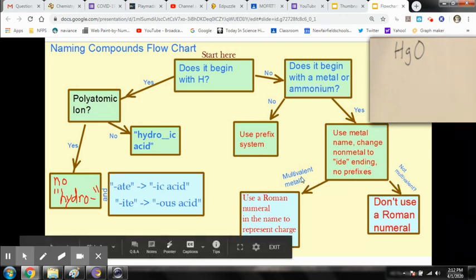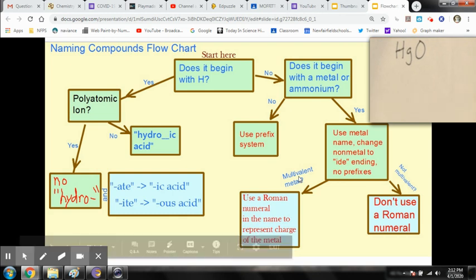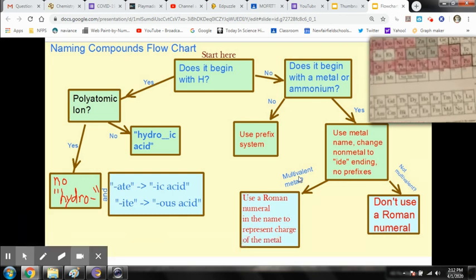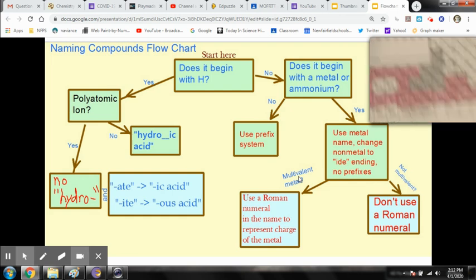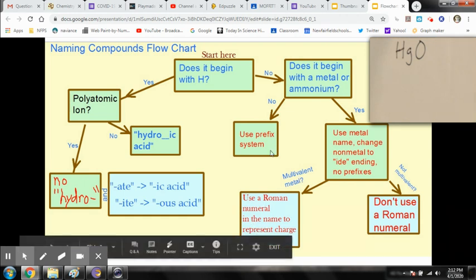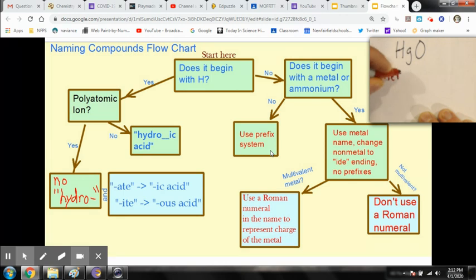One other question. Multivalent or not? All right, well, let's find out. Let's go to the multivalent metals chart. Ooh, mercury, where are you? Oh, look. You're multivalent. You could either be a +1 or a +2. So what does that mean? Yes, multivalent. We're going to need a Roman numeral to represent its charge. So let's go with mercury.